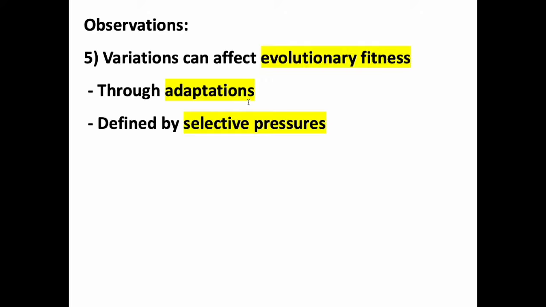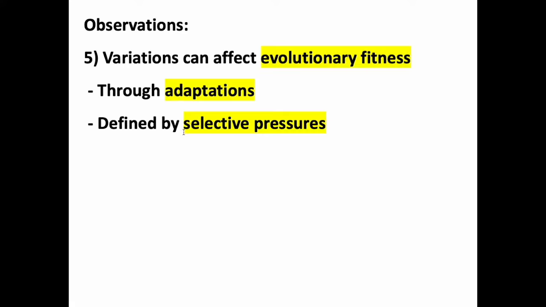So it's some trait that helps them survive and reproduce. There's an important clause to that definition: in its present environment. So an adaptation is basically just a good thing. It's an allele that is good for survival and reproduction. But whether it is good or not does depend on the present environment.